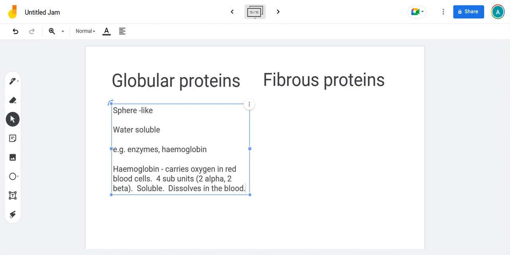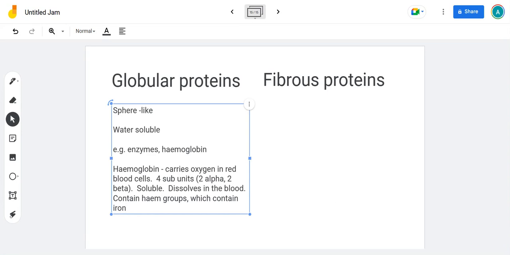or other aqueous solutions. Now, the hemoglobin has within it heme groups. Okay, so it contains heme groups and they contain iron. And it's actually that iron that carries the oxygen, that binds to the oxygen, which is why it's so important that we always have iron in our diet.